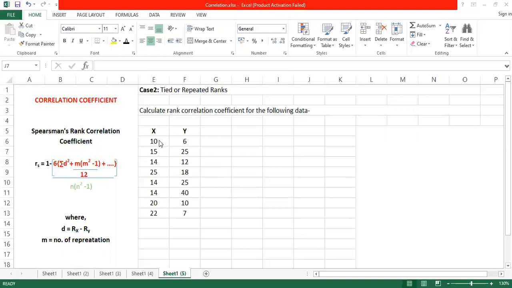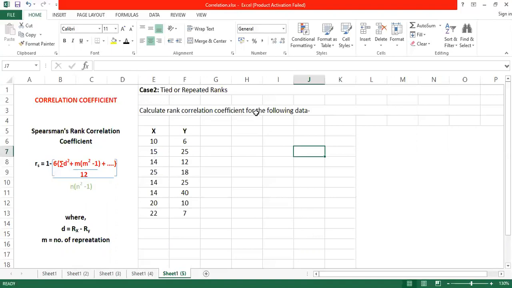But don't get me wrong, 10 has to be repeated in x only. So if the same value is occurring in the same variable more than once, then only this is considered as tied or repeated ranks, otherwise not. Correct?